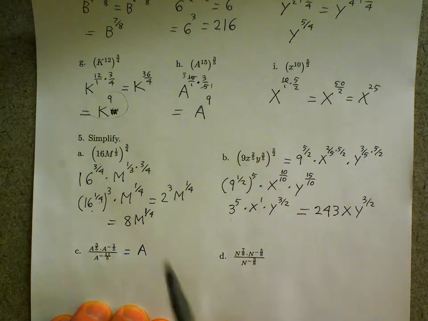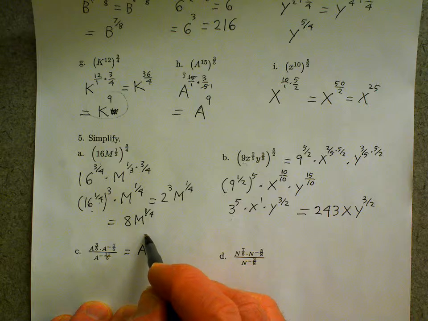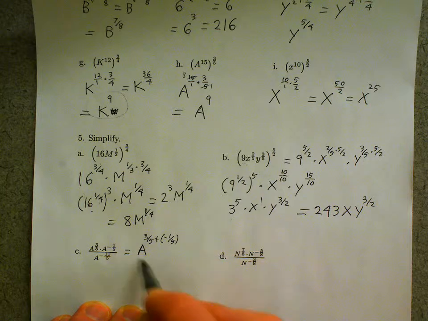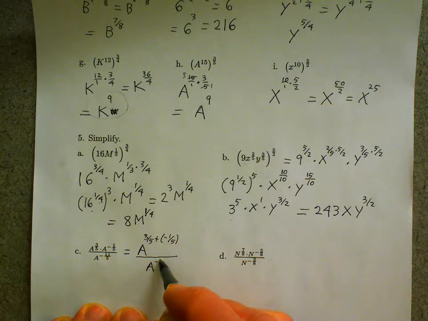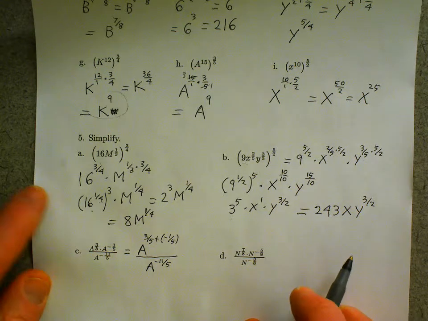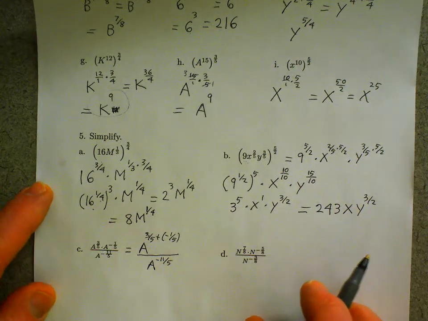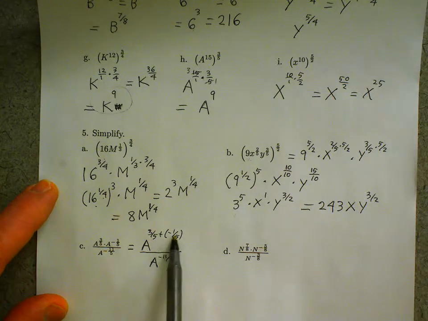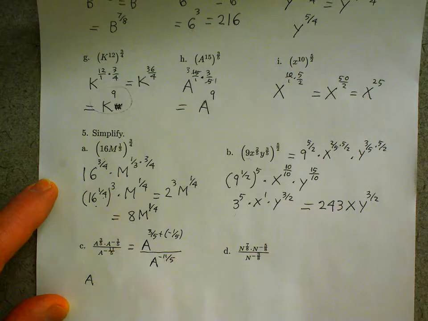We add the exponents, so we get a to the 3/5 plus negative 1/5. And then we're dividing by a to the negative 11/5. In the numerator, a to the 3/5 plus negative 1/5 is a to the 2/5.